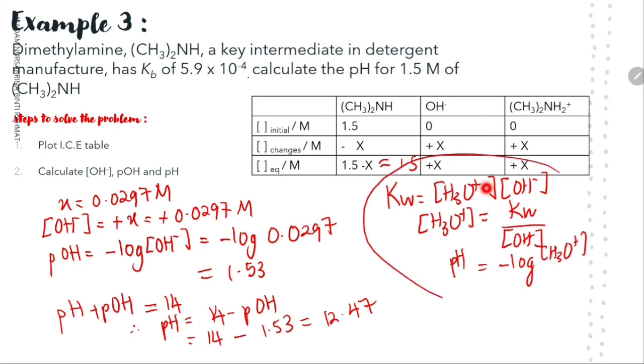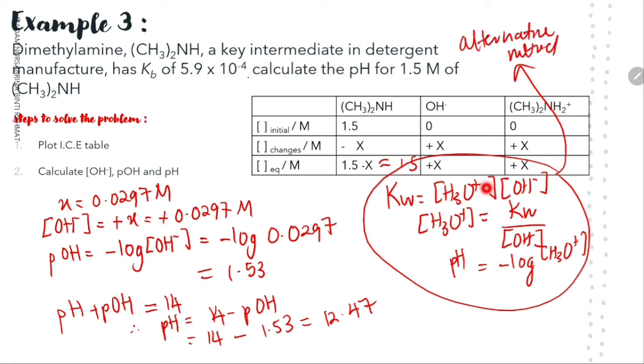So these are alternative methods, where Kw at room temperature is 1.0 times 10 to the minus 14.